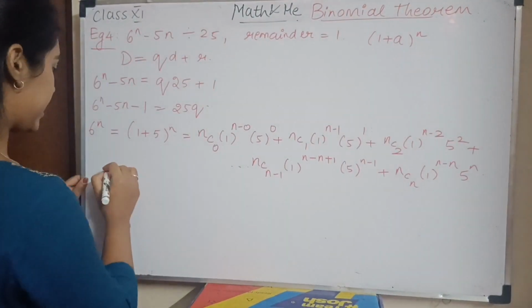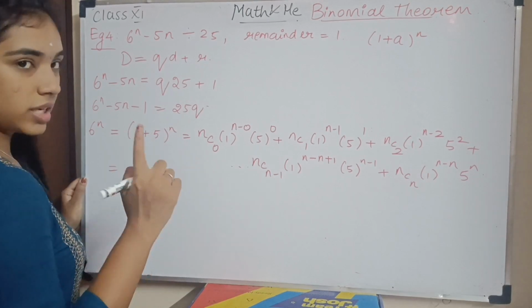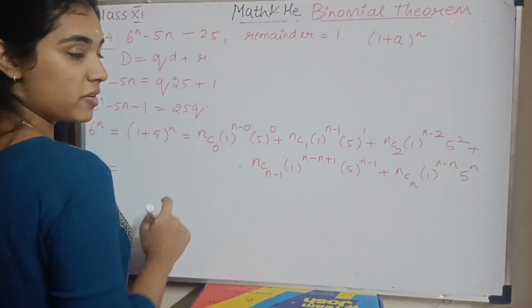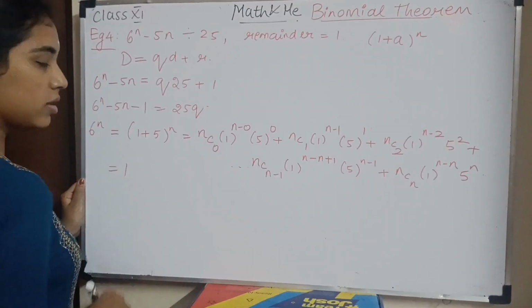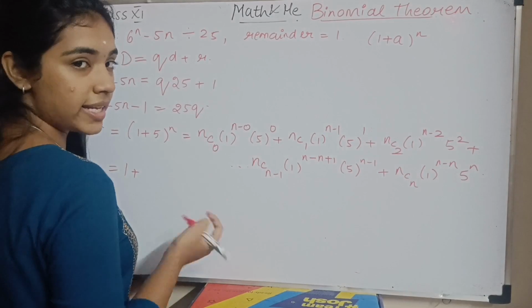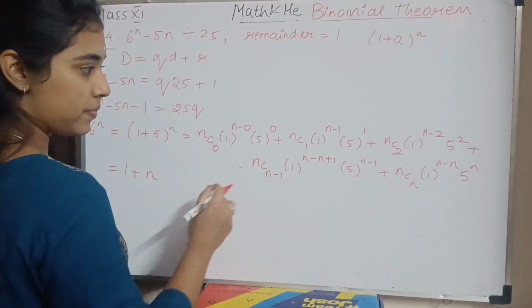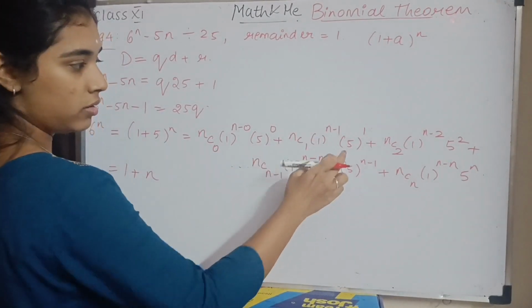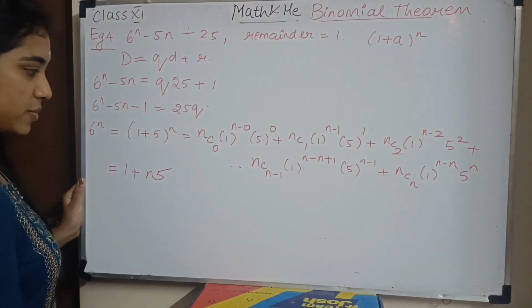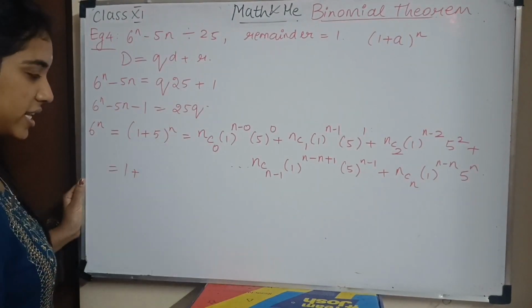Okay, so what do I have? nC0 is 1, 1 to the power any number is 1, 5 to the power 0 is 1. So my first term is 1 plus nC1. nC1 is n, 1 to the power n minus 1 is 1, times 5. So it's basically 5n. I'll just rearrange.